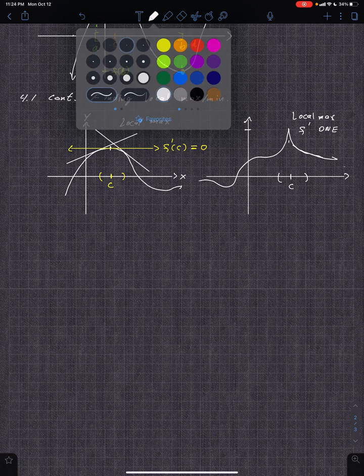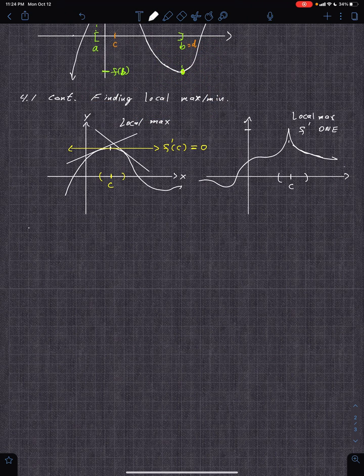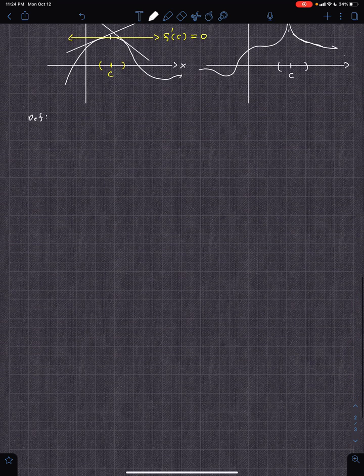So here's the definition of a critical value. Very, very important. Let me just write it out. This is the definition of a critical value.